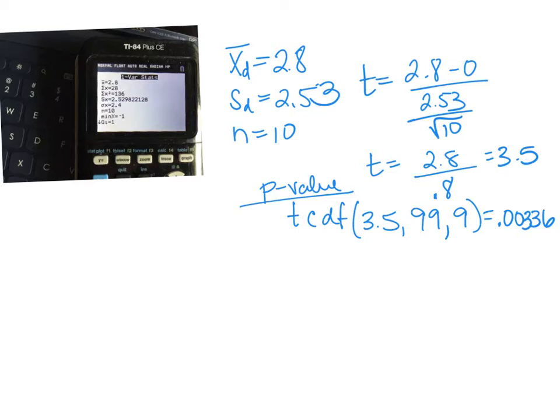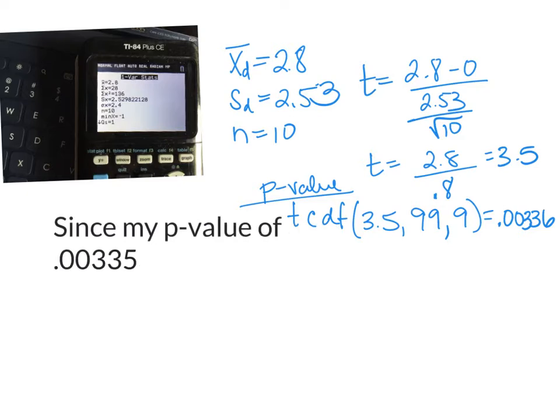So again, our conclusion. Oops, white's not going to work. Let's get black. Since my p-value of 0.00336 is less than my alpha of 0.05, I reject the null hypothesis.